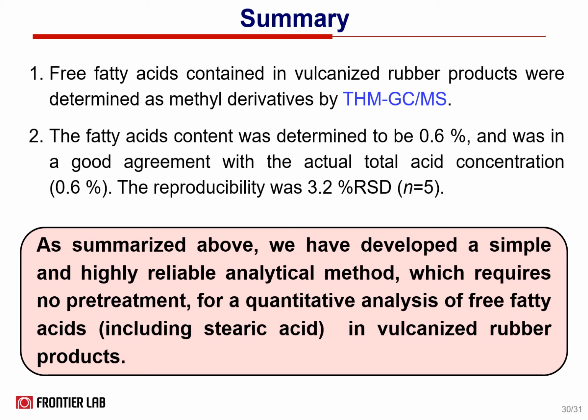The reproducibility was 3.2% RSD. As summarized above, we have developed a simple and highly reliable analytical method which requires no pretreatment for quantitative analysis of free fatty acid, including stearic acid, in vulcanized lava products.